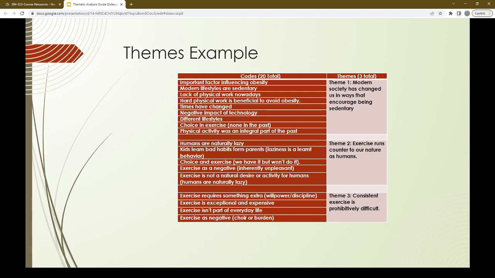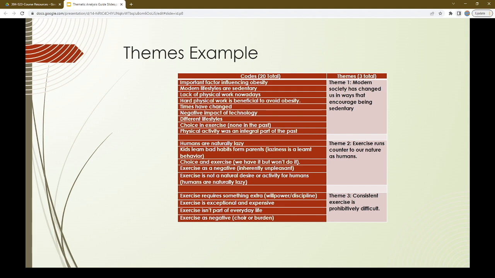Naturally, this is just these two people's perspectives. And also, naturally, other people may code and develop themes differently off this data than I did. Which is okay. That's part of the nature of exploratory qualitative analysis, like thematic analysis.